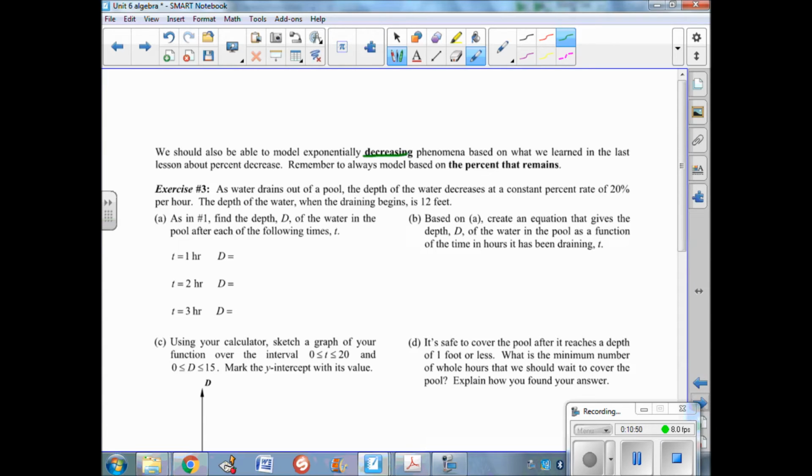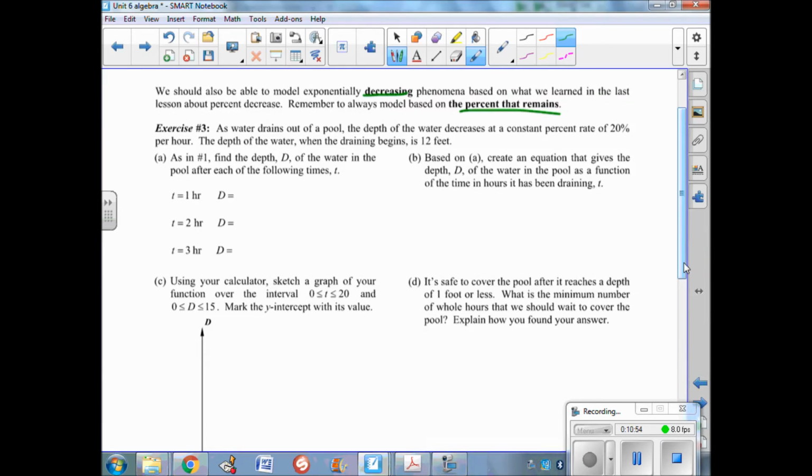Now we're just going to flip our idea around. Instead of increasing, we're decreasing. So we're talking about as water drains out of the pool, the depth of the water decreases at a constant percent rate. Well, there's our percentage per hour. The depth of the water when the draining begins, there's our starting amount, is 12 feet.